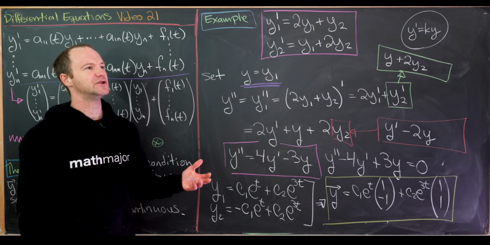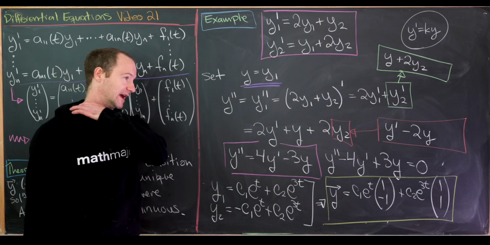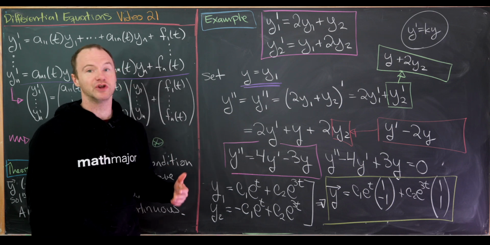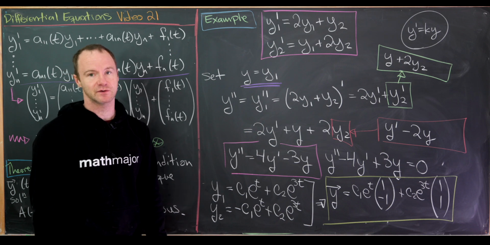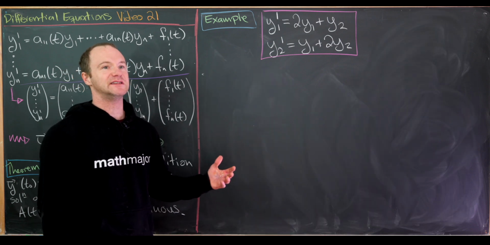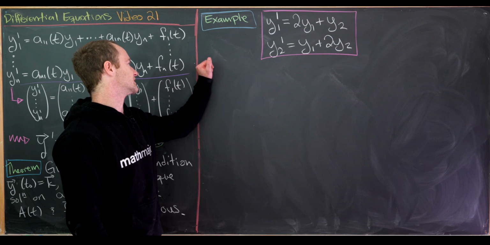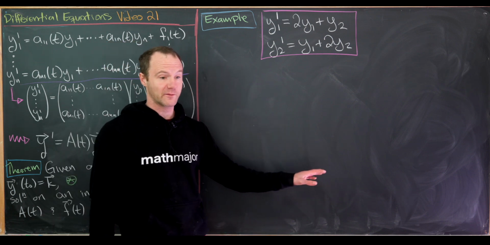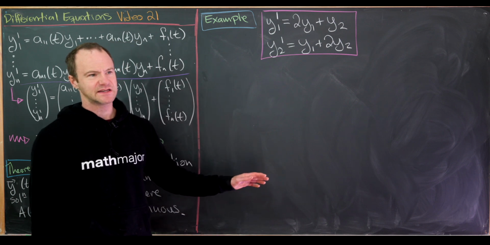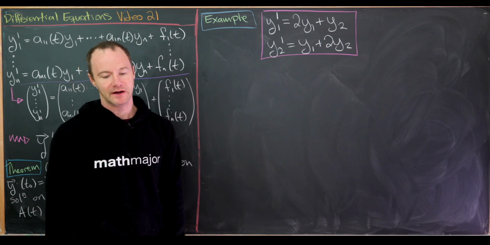So let's see if we can use that solution format guess to come up with a more universal way of writing down solutions for these types of systems of differential equations. So now that we did this kind of crazy backwards method of finding a solution to this differential equation, let's use that solution format that we found and see if we can come up with something a little bit better.